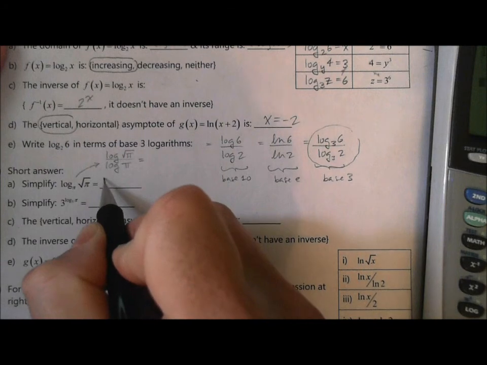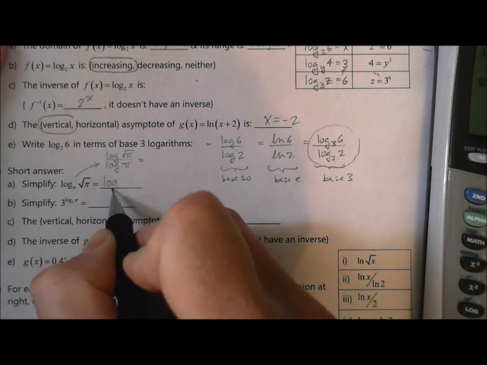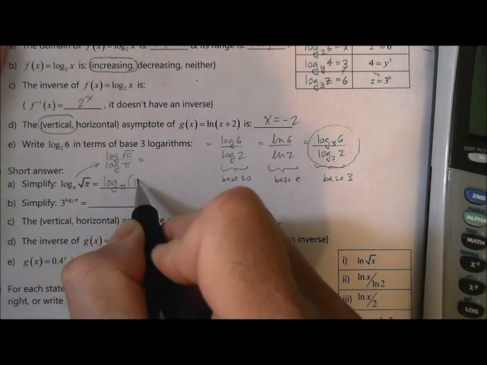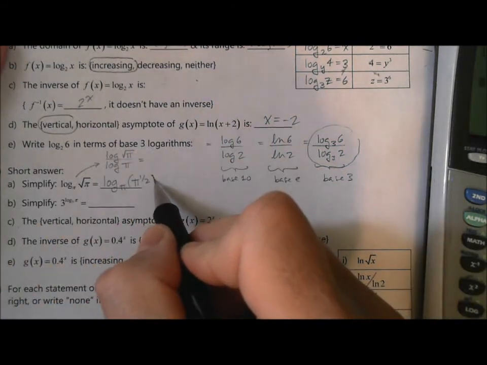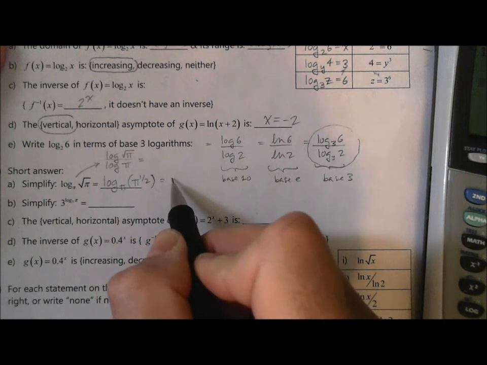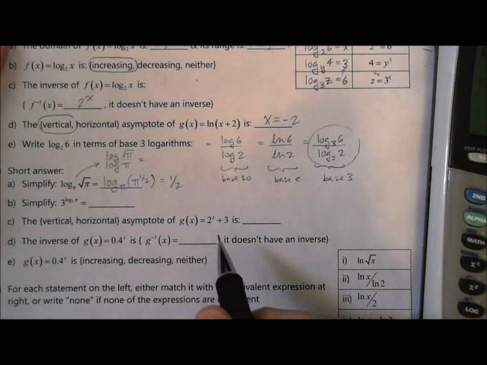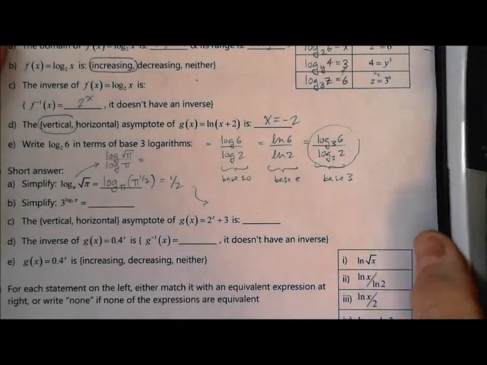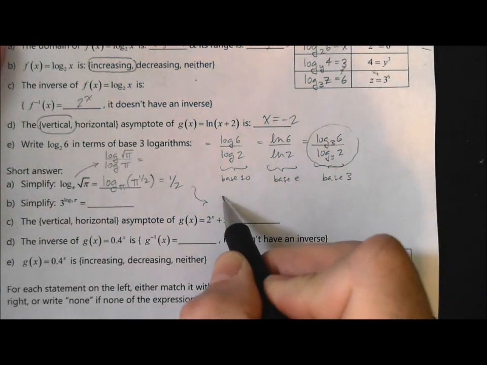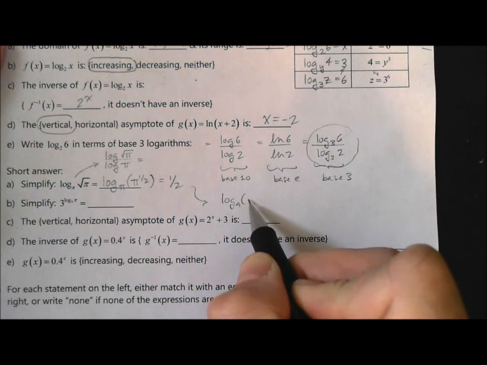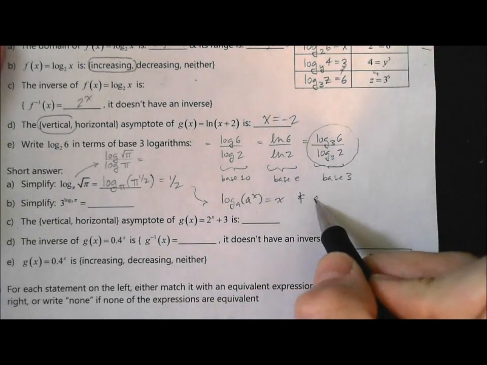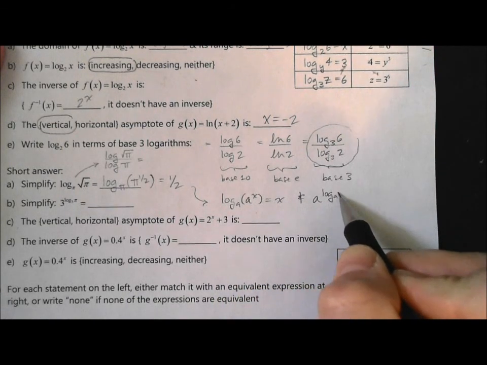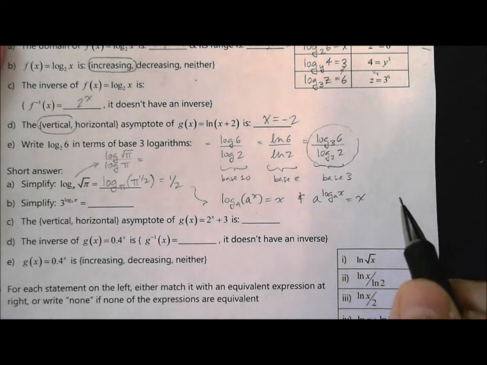And the idea behind this is that if we see it as the log base pi of pi to the 1/2, again, square root 1/2 power, then that should equal 1/2 directly by the identity that log base a of a to the x equals x, and a raised to the log base a of x also equals x.